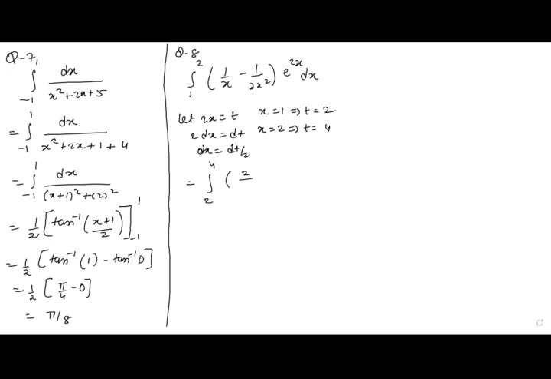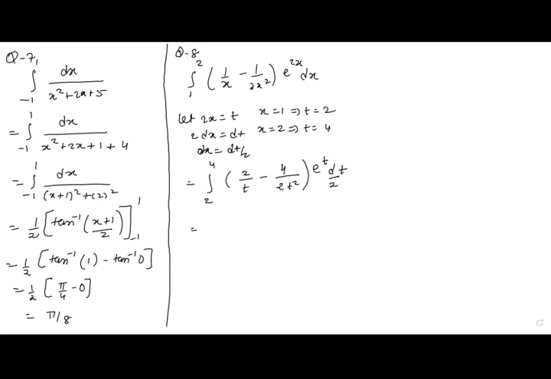And this will be 2 by t, as x will be t by 2, and this will be t by 2 whole square, that is t square by 4. This will be 4 upon 2 t square e raised to t dt, and this will be dt by 2, not just dt, it will be dt by 2.